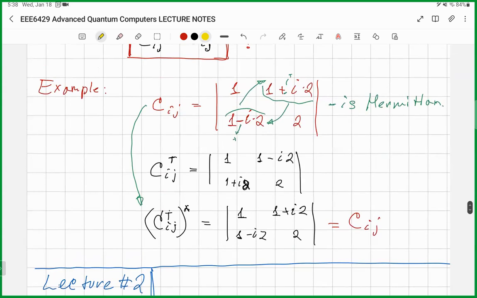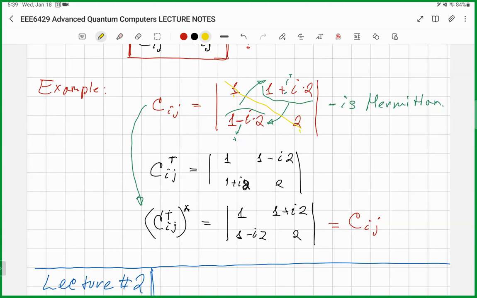Then we took this example, right? This matrix C_ij has components 1 and 2 on the main diagonal, and the off-diagonal elements are 1 plus i times 2 and 1 minus i times 2.